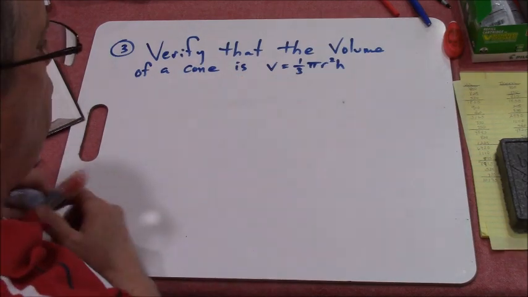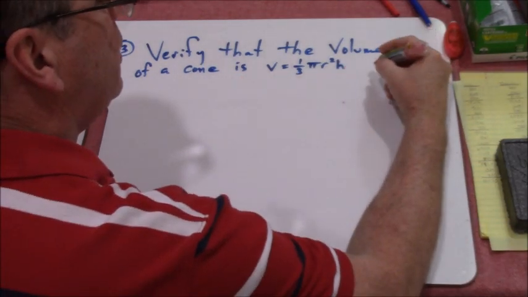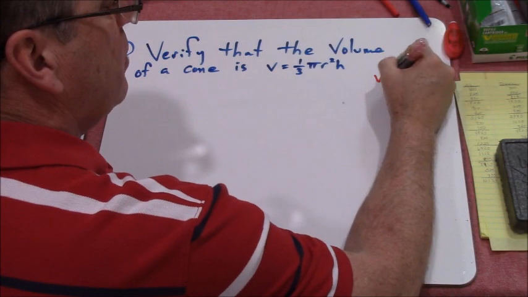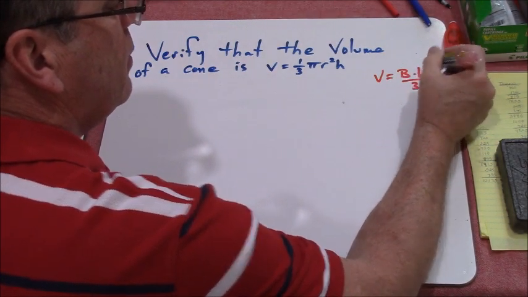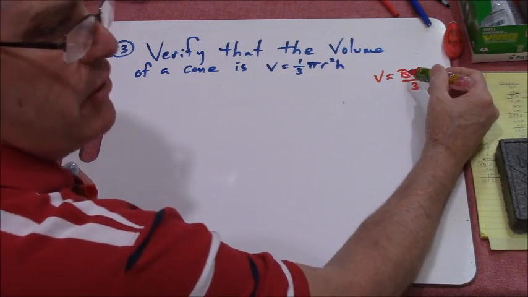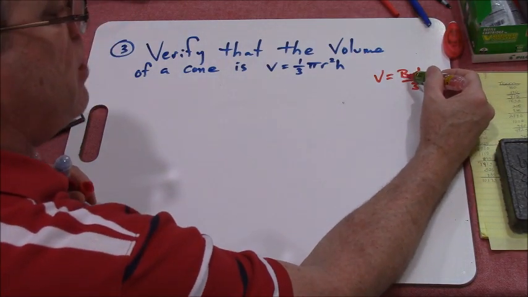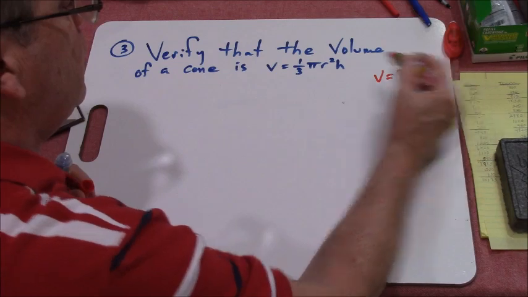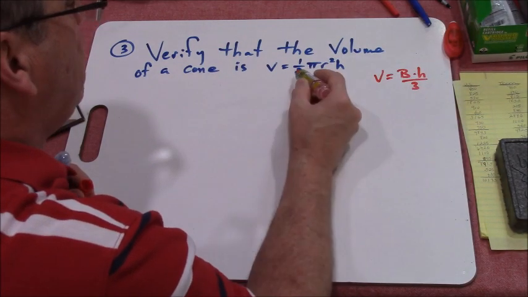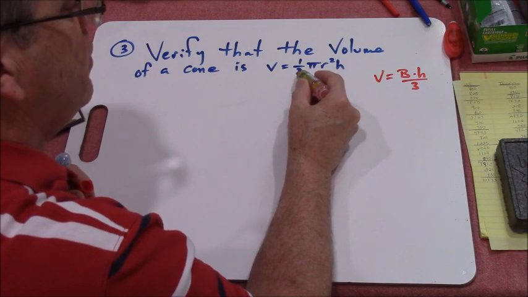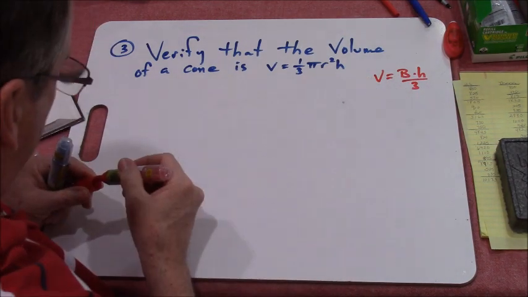We've always thought of a cone as volume equals base times height over 3. Well, capital B means the area of the base, and the bottom of a cone is just a circle, so we're doing pi r squared for that circle, and then dividing by 3 is the same as multiplying by 1/3. So we're really trying to verify that this is true.